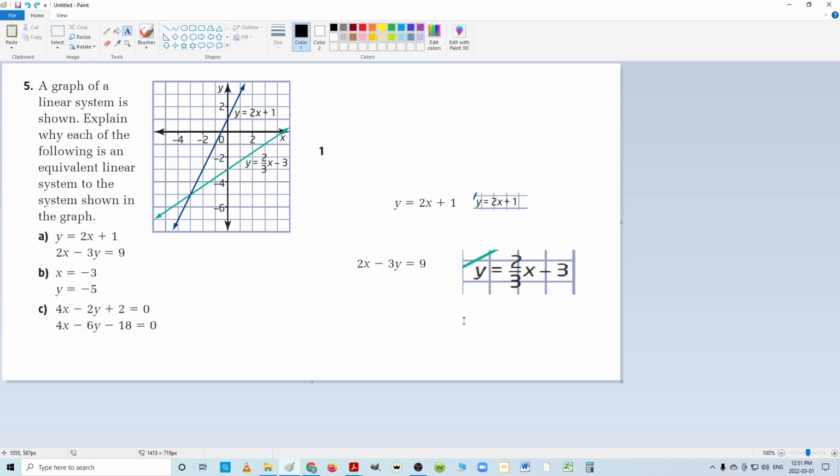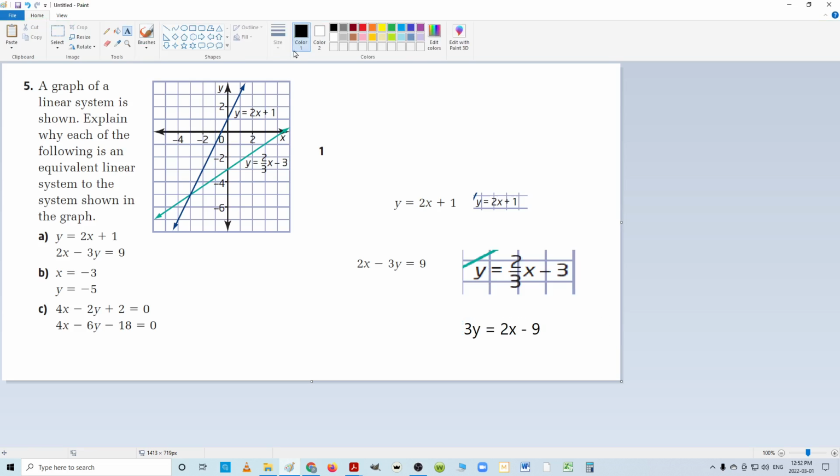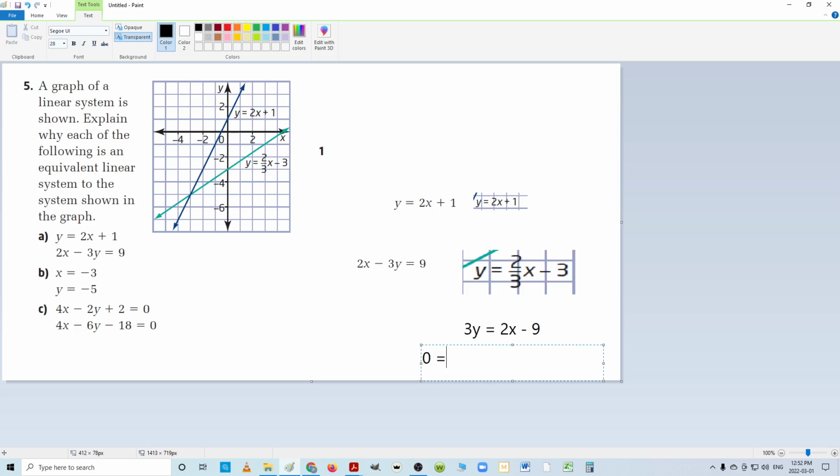So you get 3y is equal to 2x minus 9. Now, notice that they have their 2x and 3y on the same side. So I'm going to move my 3y over there. So I'm going to subtract 3y from both sides. And I get 0 is equal to 2x minus 3y minus 9. Then I'm going to add 9 to both sides.